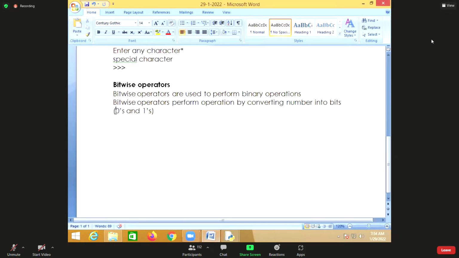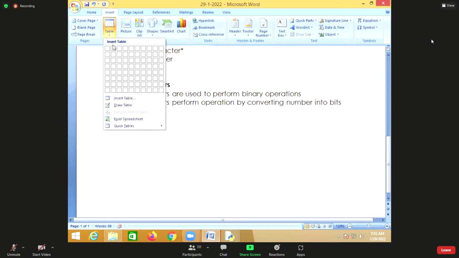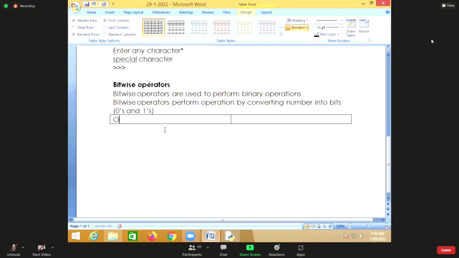Bits. Bits are nothing but zeros and ones. There are a number of bitwise operators.